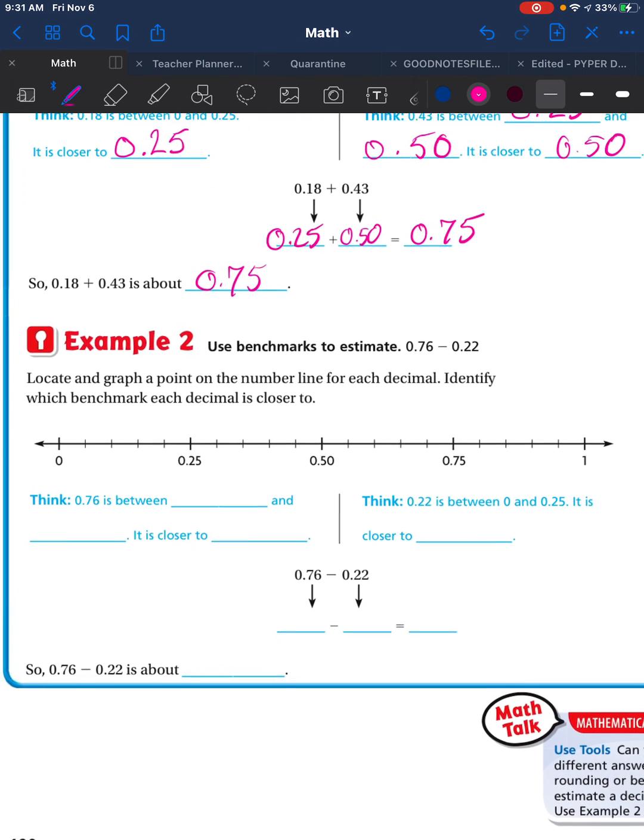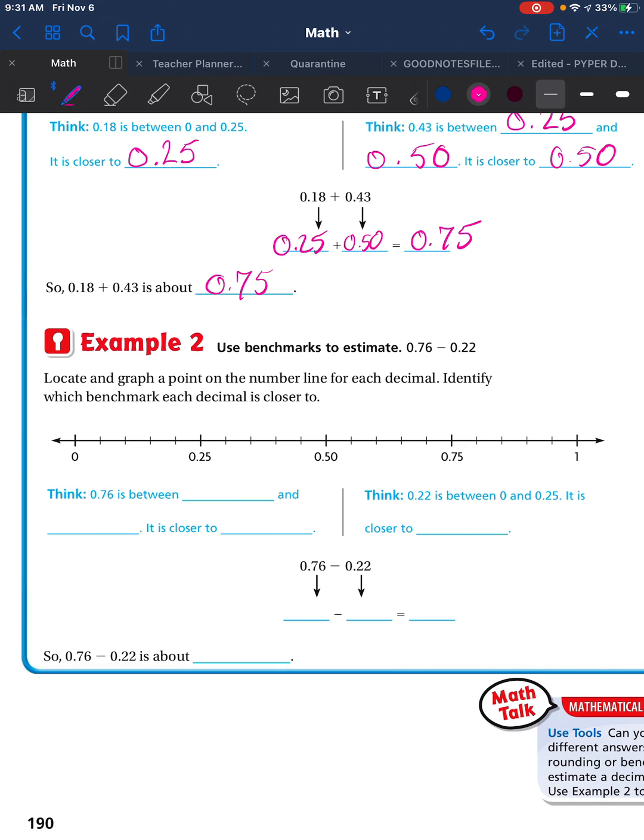Okay, the next one, example number 2. Same thing, but this time we are subtracting, so we've got to be careful. So the first number we have is 0.22. So here's 0.25. So it would be pretty close to that, right? Kind of put it right here, and that is 0.22.